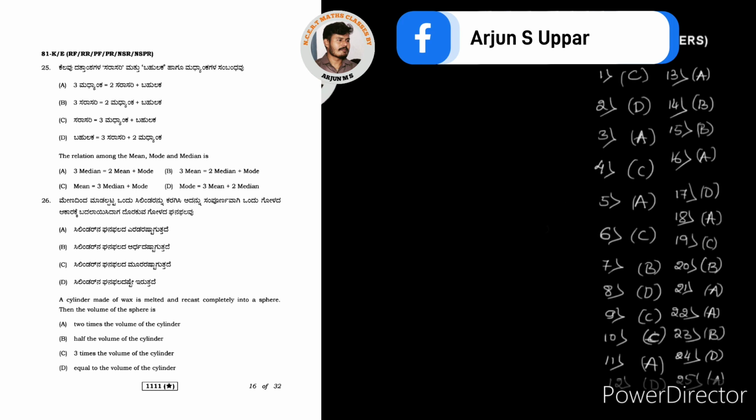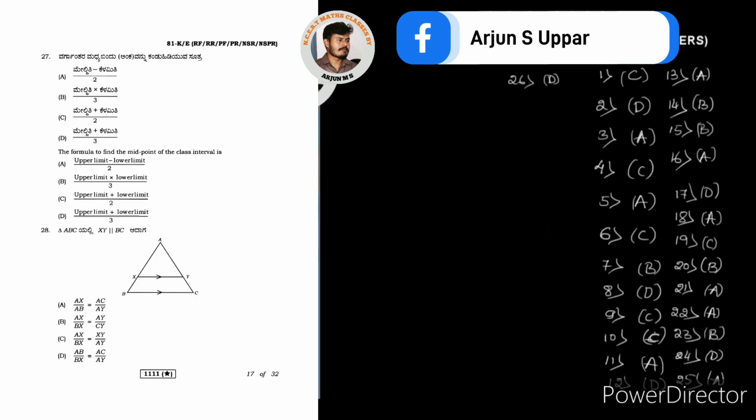So here the answer is, the volume of the sphere is equal to the volume of the cylinder. So for the 26th question, D is the right answer: equal to the volume of the cylinder.